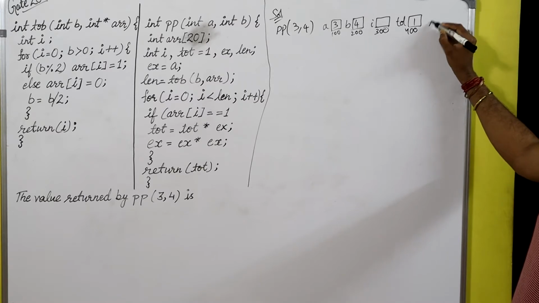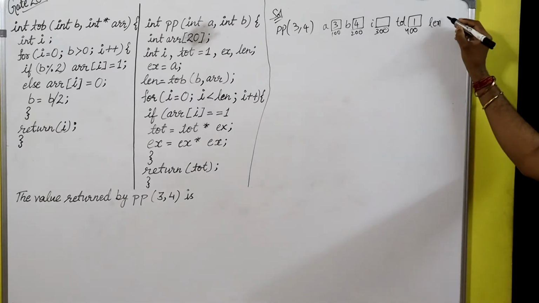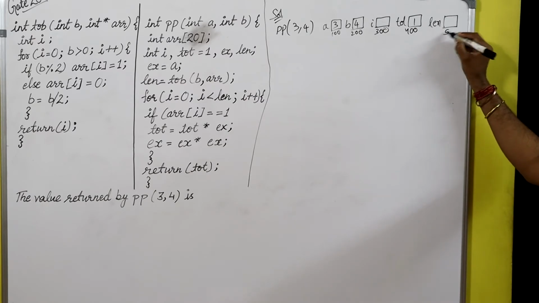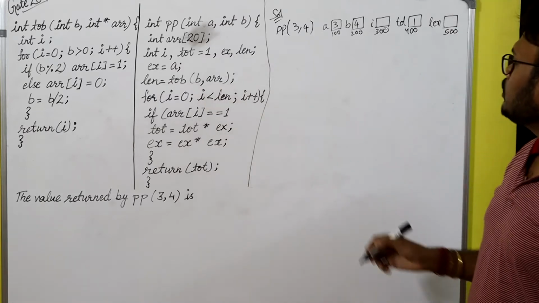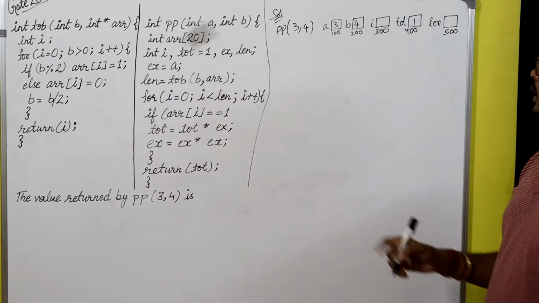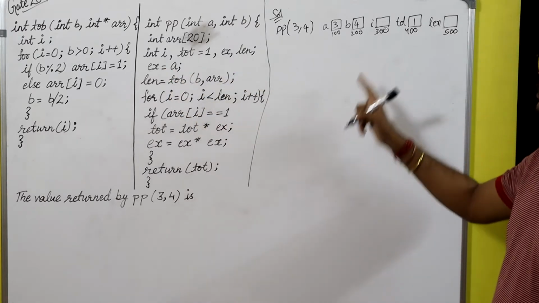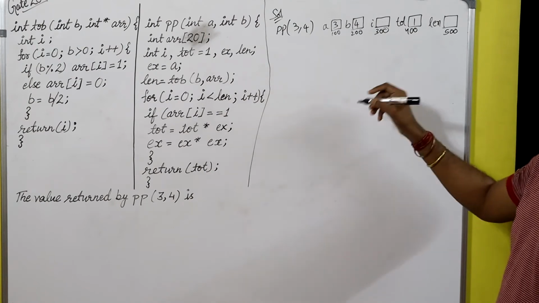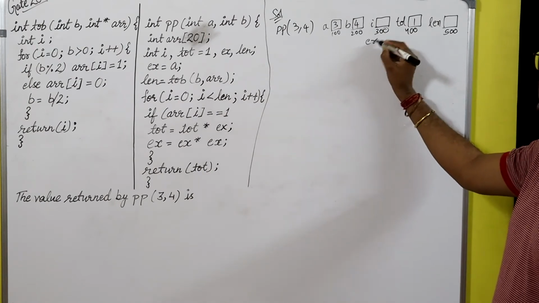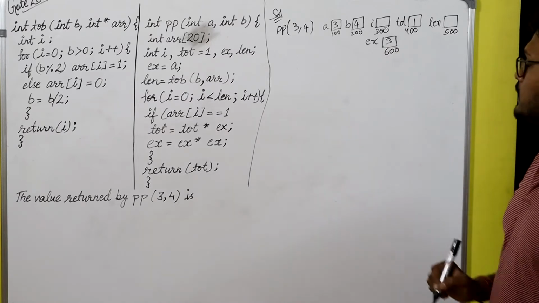Then LEN, say its address is 500. And you see EX is equal to A. Whatever value A has, EX will contain exactly the same value. It means EX will contain the value 3. So here I am writing EX and its value is 3, with the address 600.